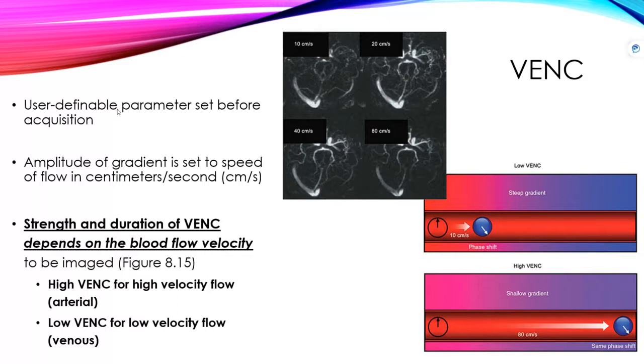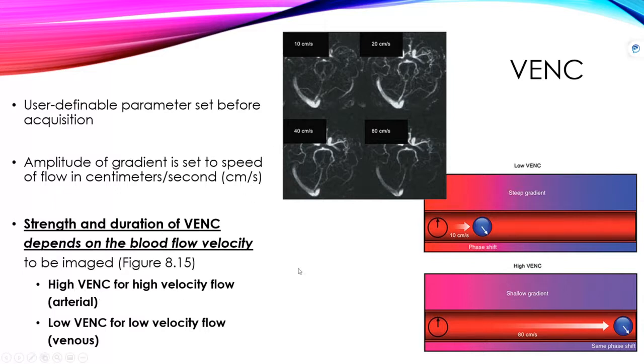But it is something that you are setting, collective you, and it is the amplitude of the gradient. Remember when we talked about the amplitude of the gradient? We set it to a certain speed of flow. So for instance, if we have high velocity flow, we know that the arterial blood flow is high velocity, we're going to set it to a high VENC.